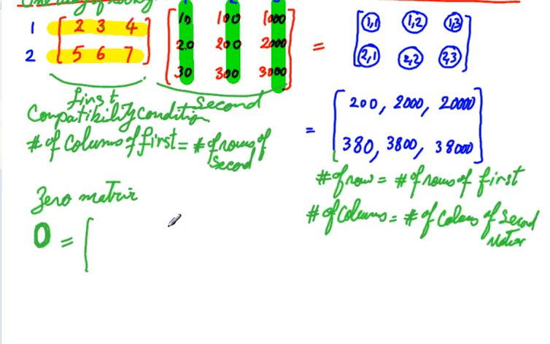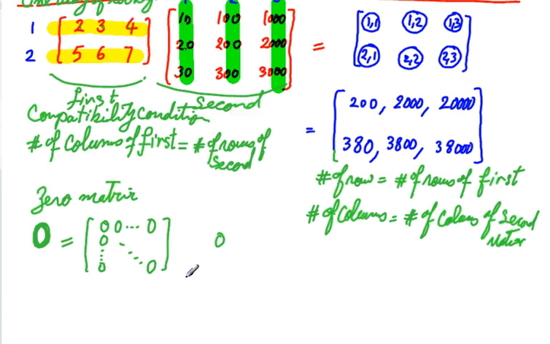It's all zeros, as many as it takes in a particular problem that you are considering. Sometimes they indicate how many rows and how many columns, but typically they don't. Also notice that when they write it in the text, they have the advantage of putting it in boldface, but I'm just going to write 0, and you have to understand from the context, is it scalar 0 or is it matrix 0?